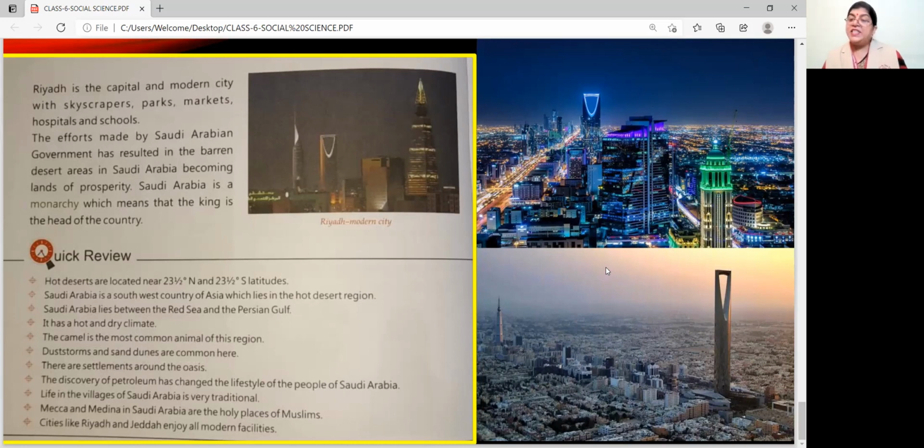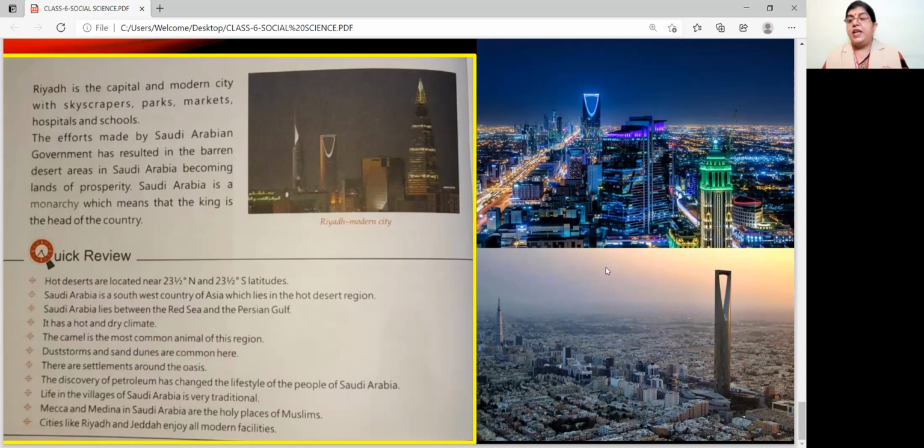If I say Saudi Arabia lies in the cold desert region, then it is false. When you are revising, you should have the correct knowledge that it is a hot desert region. It is not a cold desert region.